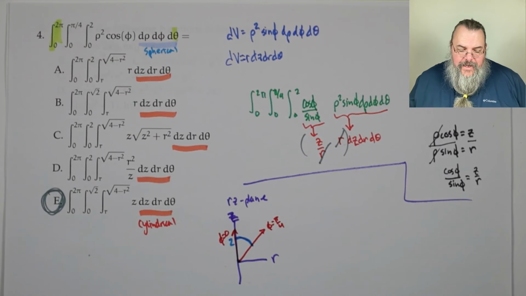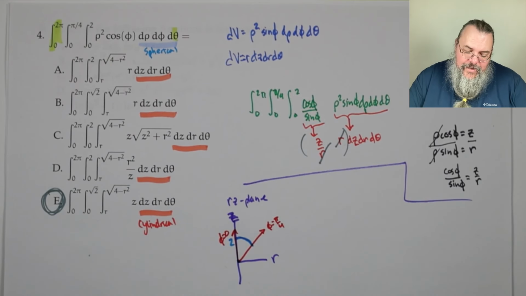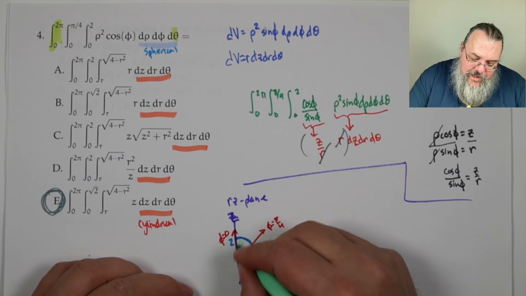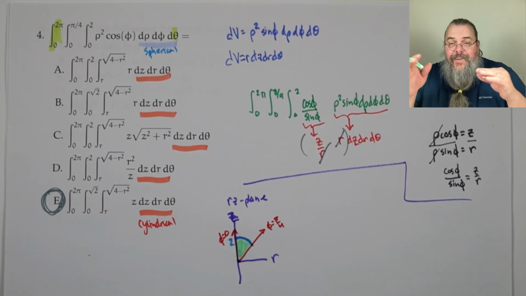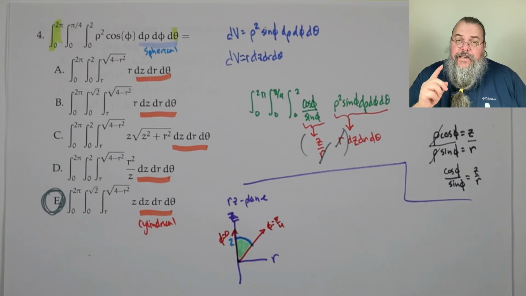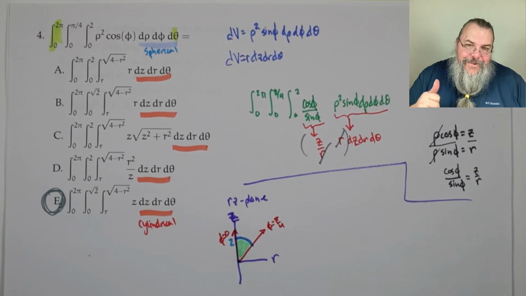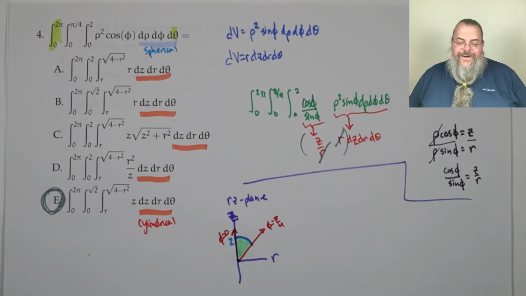And so we say, aha, our shape is this part right here. It's like a little tiny slice, like a slice of a circle. See how easy it is to figure that out?